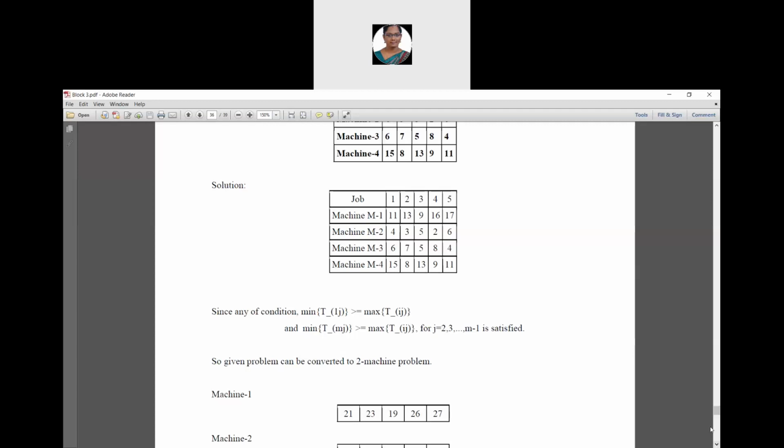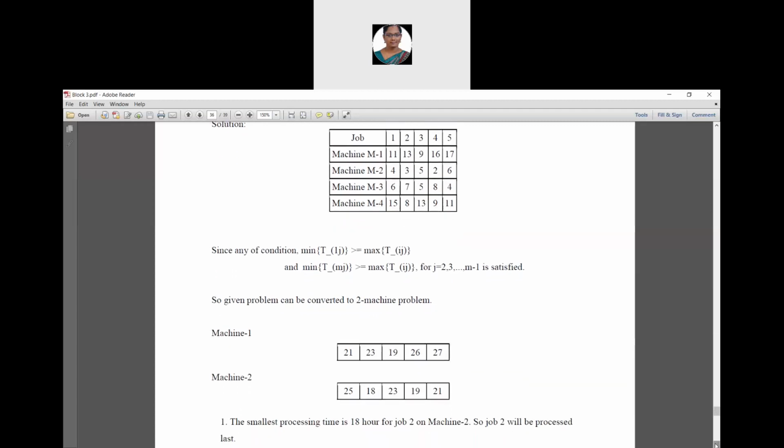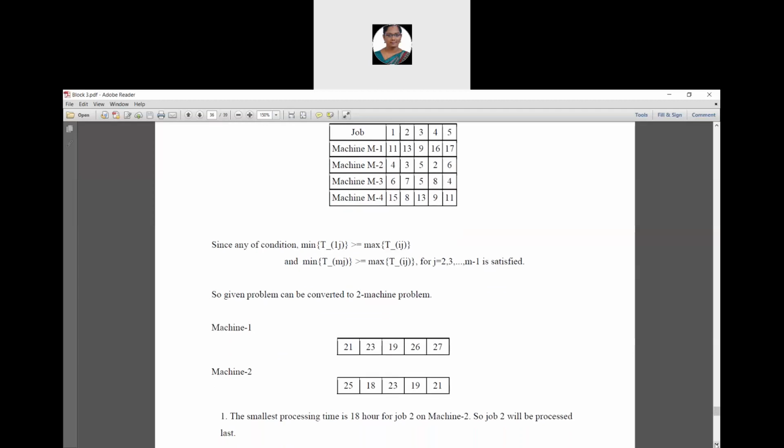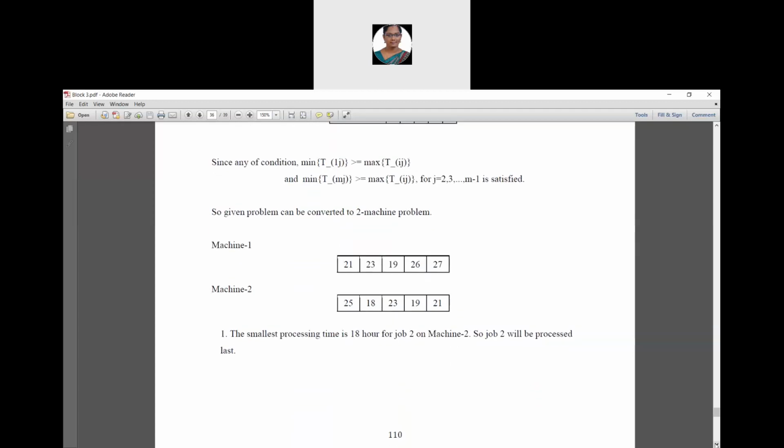And for the machines, here they have given the processing times. The smallest processing time is 18 hours for job 2 on machine 2, so job 2 will be processed last.